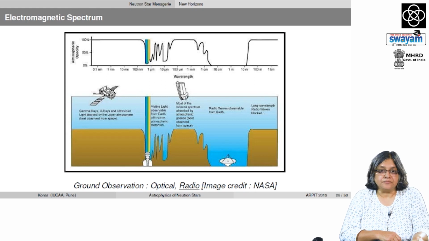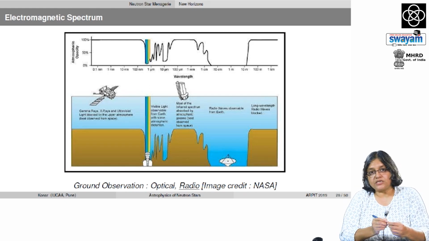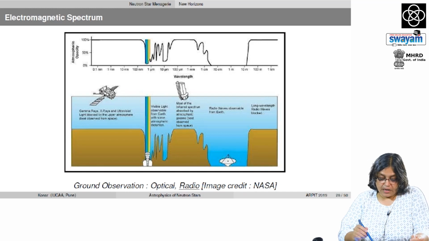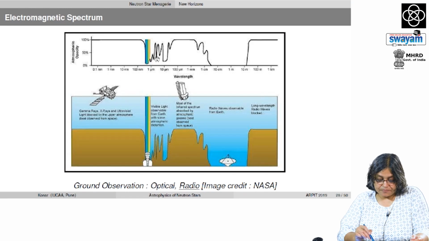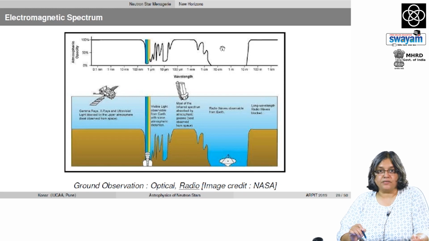Now, from Earth, the two regions of the electromagnetic spectrum through which we can look at the sky are the optical part of the spectrum, that is the visible light, and a little bit into the infrared and ultraviolet, and the radio band.